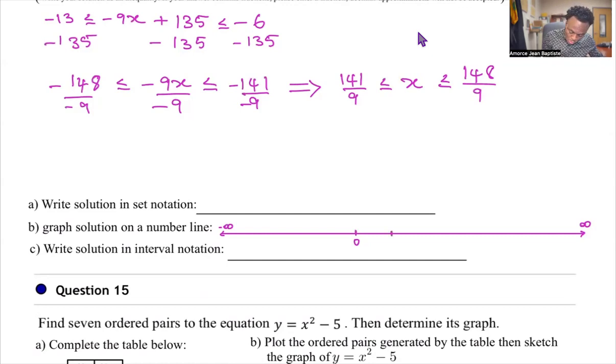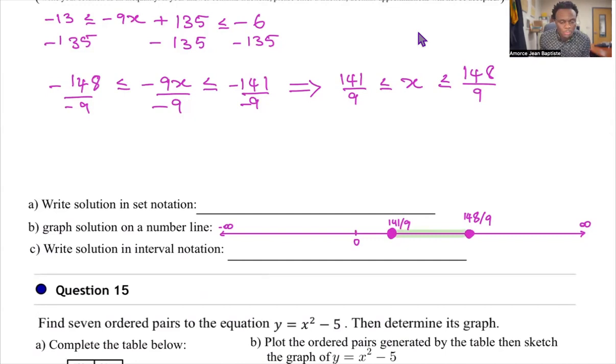Closer to 0 would be the 141 over 9, which has a closed circle. And then a little farther from 0, we would get 148 over 9, also closed. And then the solution will be in between the two values.